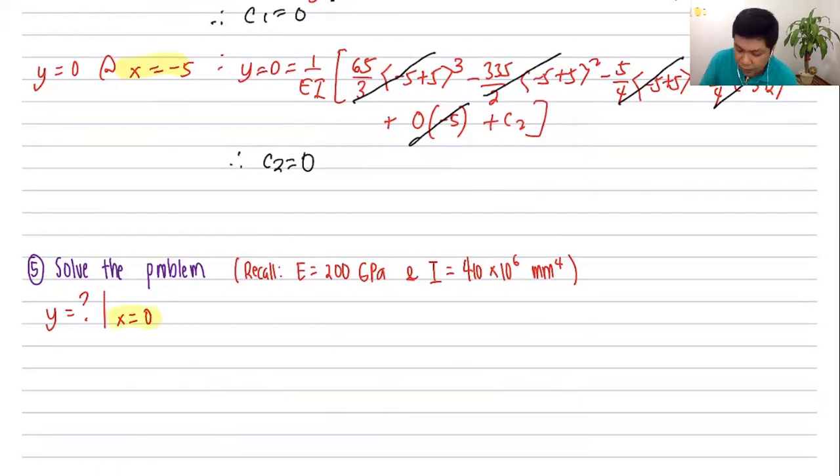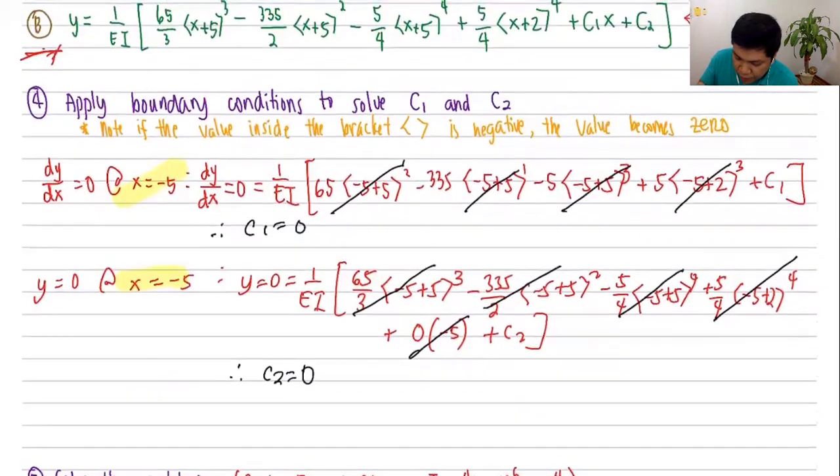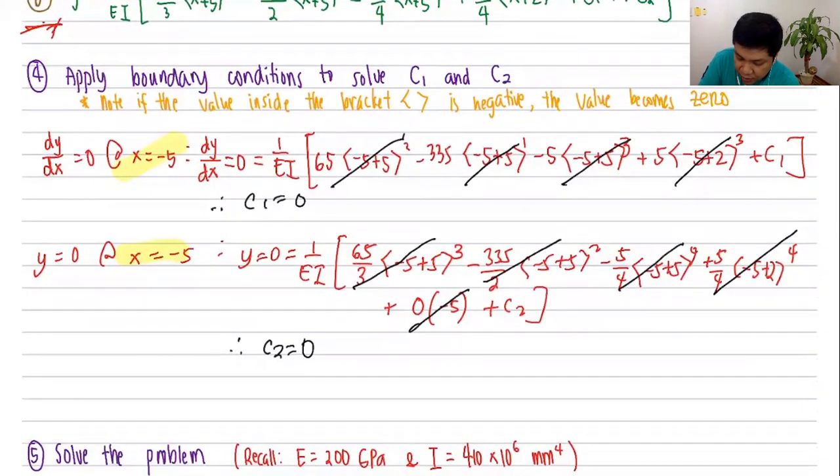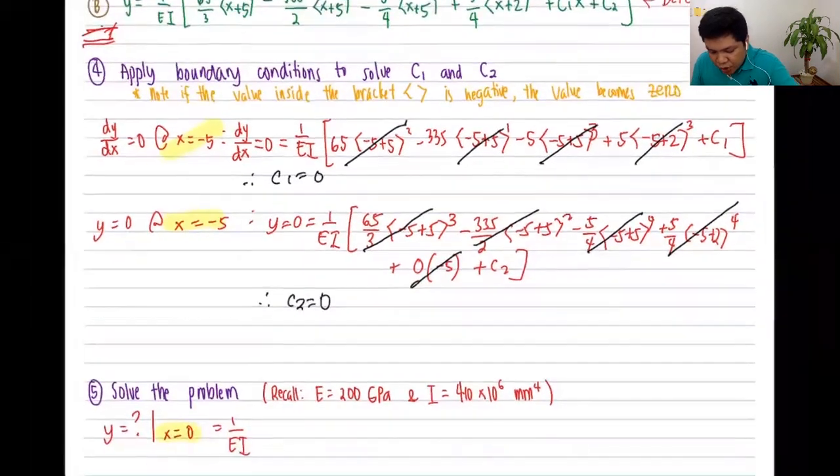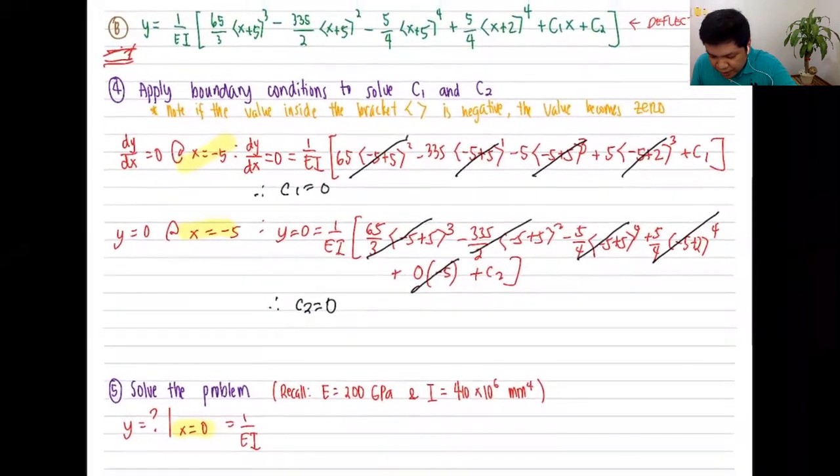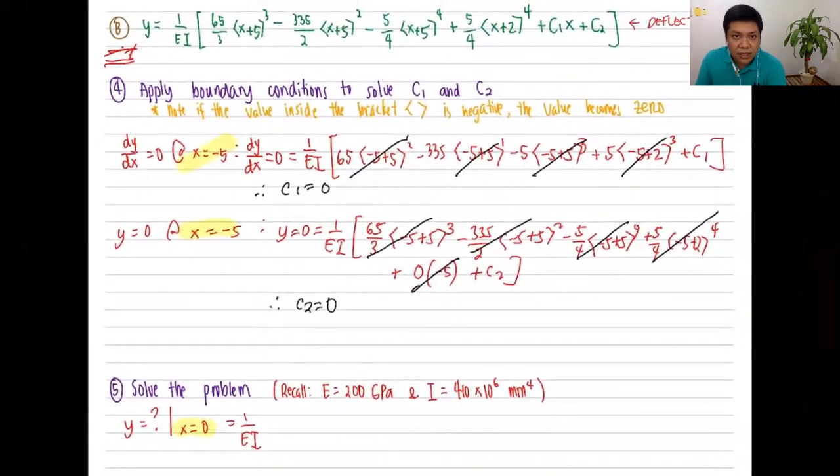This is now equivalent to 1 over EI times, I'll just substitute and use equation B, because I'm solving for the deflection. But please remember, I'm substituting x equals 0.